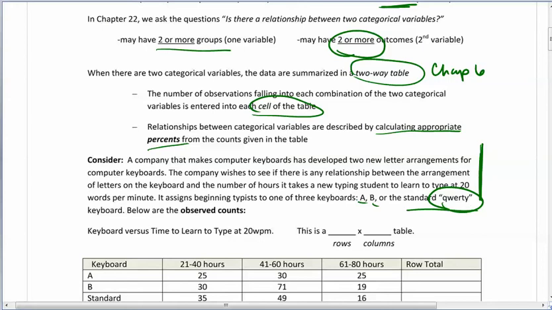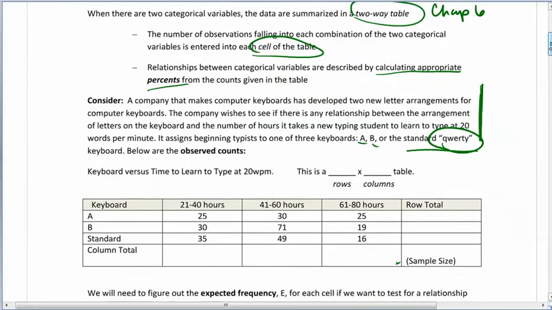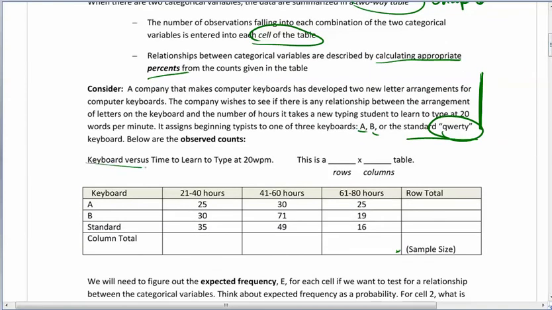Okay, so we've got a table of the observed counts. The title of our table is Keyboard versus Time to Learn to Type at 20 words per minute. It will be important to know how many rows and how many columns are in your table. Now, rows, you're going to count down this way.